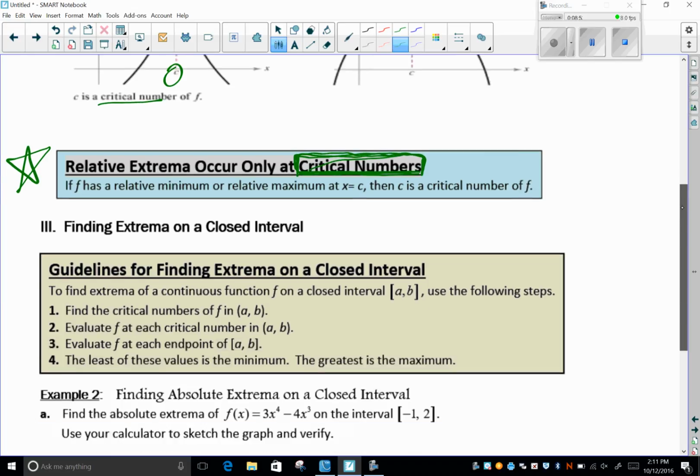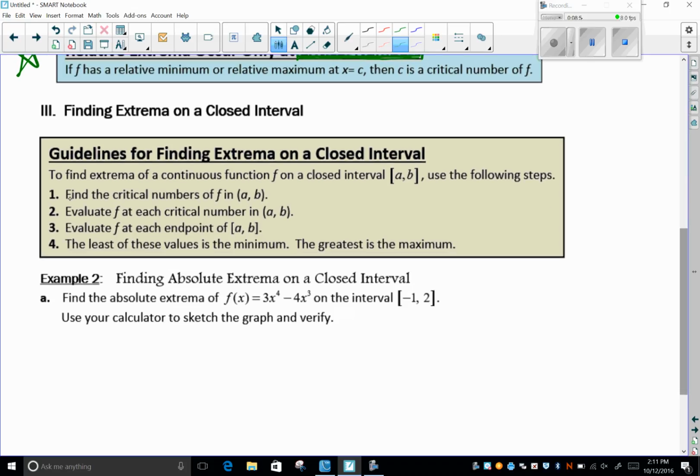And here in the next box, you'll see some guidelines. Find the critical numbers of f. That's where f prime of x equals 0 or undefined. Evaluate f at each critical point, so plug in the critical numbers to the original f of x function.